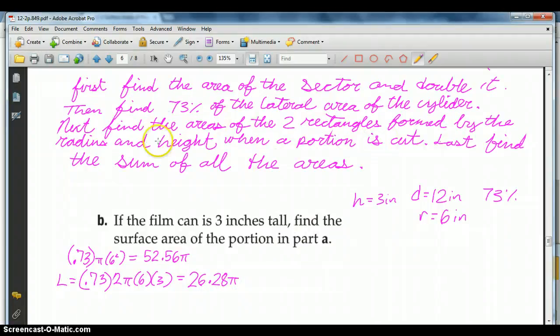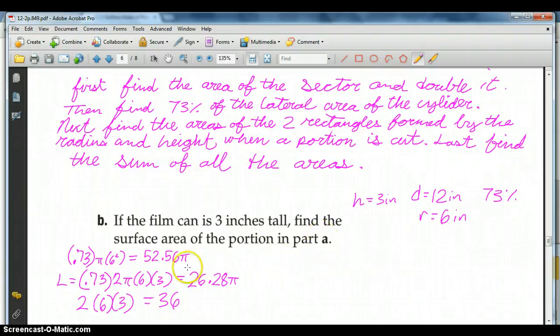Then it goes on to say, next find the areas of the two rectangles formed by the radius and the height when a portion is cut. So those rectangles, there are 2 of them, they're congruent. So 2 times the length times the width, so radius times height, and we get 36 there. Last part is to find the sum of all the areas.